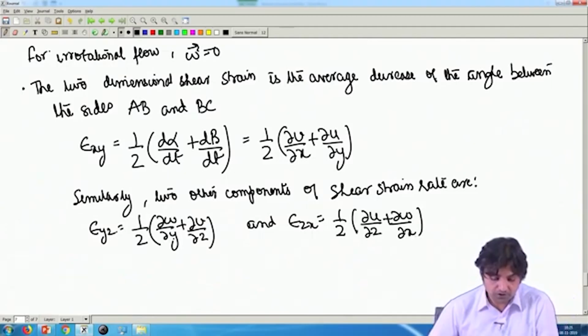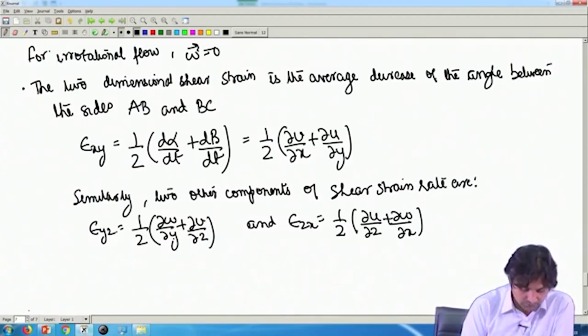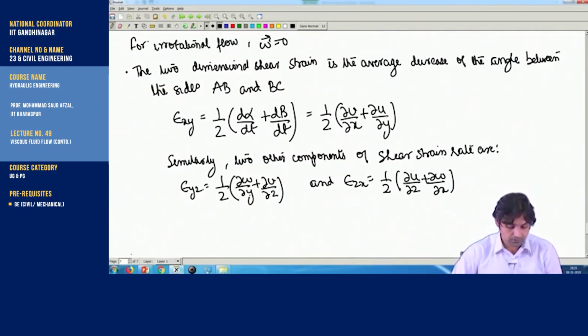So we have written epsilon yz and epsilon zx in a similar fashion. I will go to the next page.